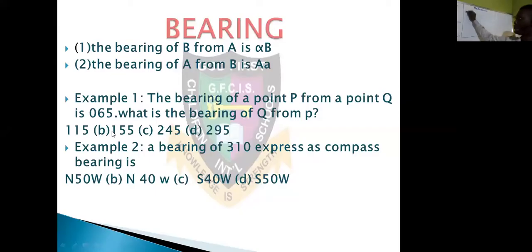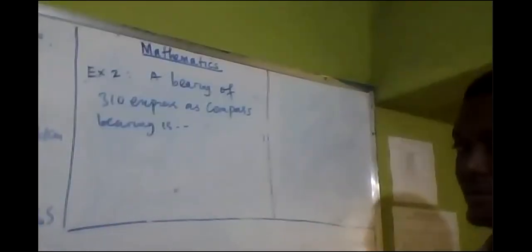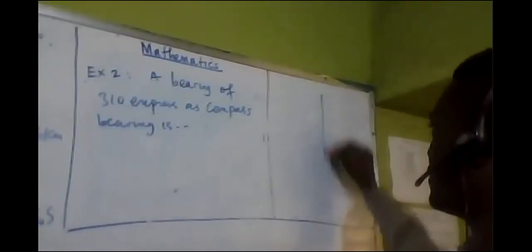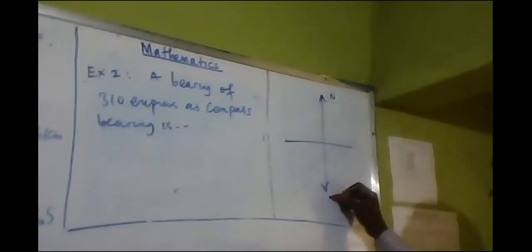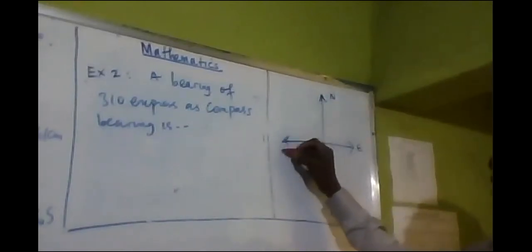Example 2. A bearing of 310 expressed as compass bearing is what? Going back to the board, this is your north, south, east, and west.